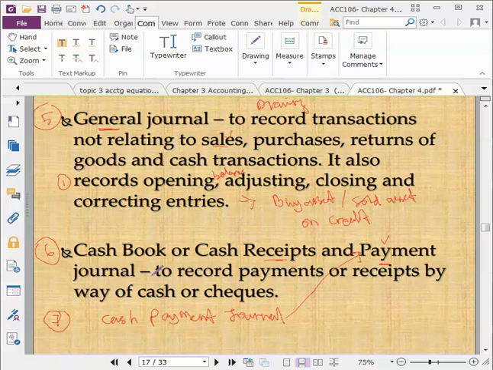Which journal? Yes. Cash receipt ke cash payment? Yes, very good. Okay, itulah sebenarnya kalau dalam journal ni dia senang sikit.